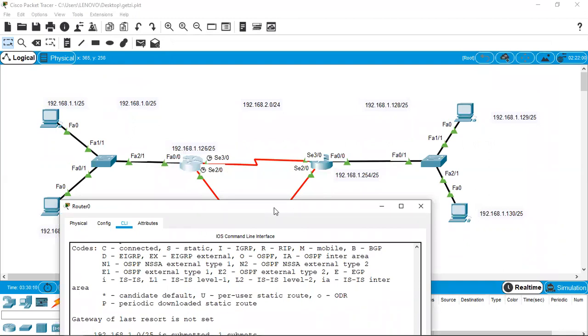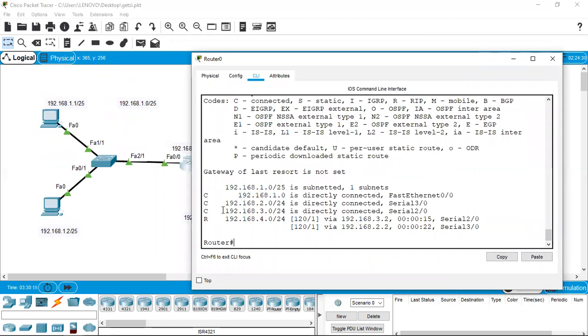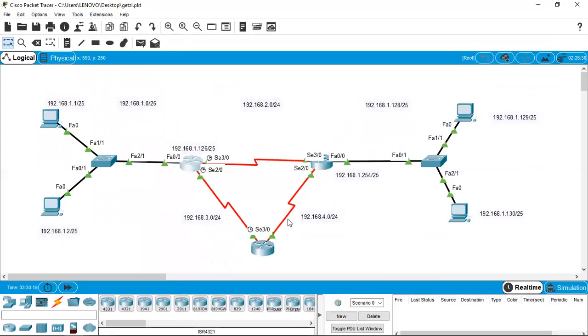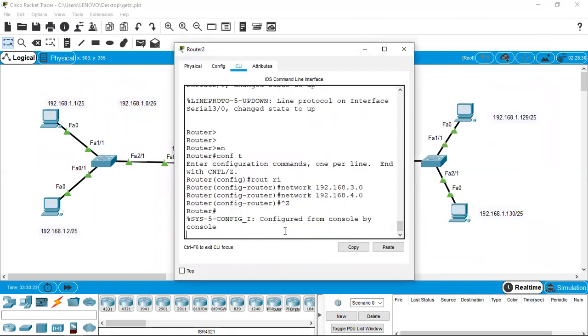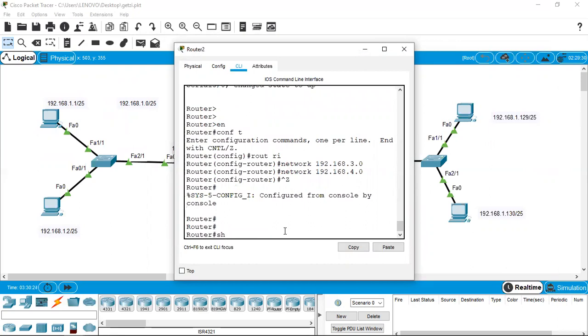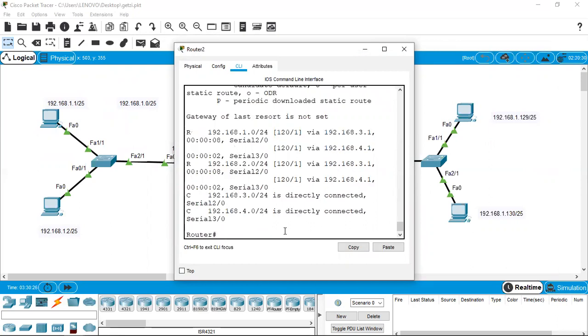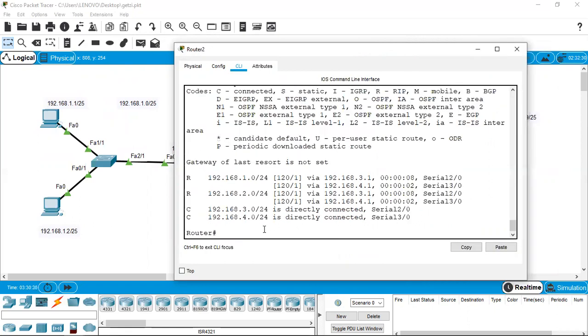That is 3 WAN links and 2 local area networks. But it shows only 4. We'll see what happens with the other router. Let's check with that. Show ip route. It has got 1.0, right?